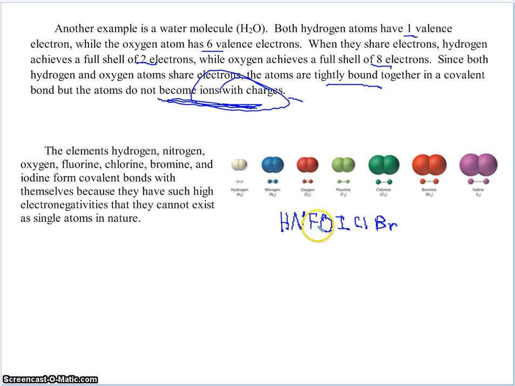See, H, hydrogen, nitrogen, fluorine, oxygen, I, Cl, Br, chlorine, bromine. So have no fear of ice cold beer, if that helps you remember it. Or the high school appropriate one is Hofbrinkel. Oh, that's not an E, that's an F. Hofbrinkel.